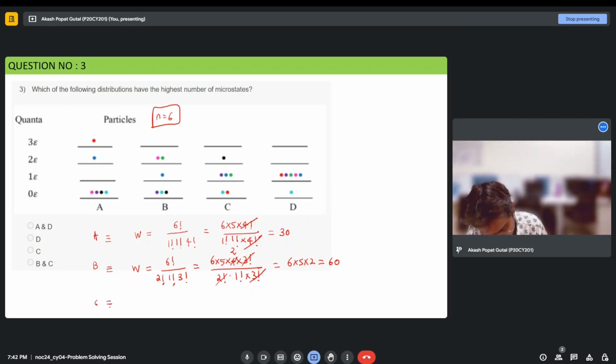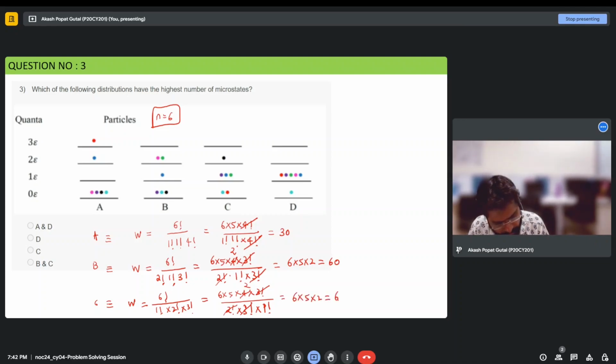Similarly, for C, the number of microstates can be given as 6 factorial divided by 1 factorial cross 2 factorial cross 3 factorial, which is the same as that of B. So 6 cross 5 cross 4 cross 3 factorial divided by 2 factorial, 1 factorial, 3 factorial, which will be the same, 6 cross 5 cross 2, that is 60 microstates.